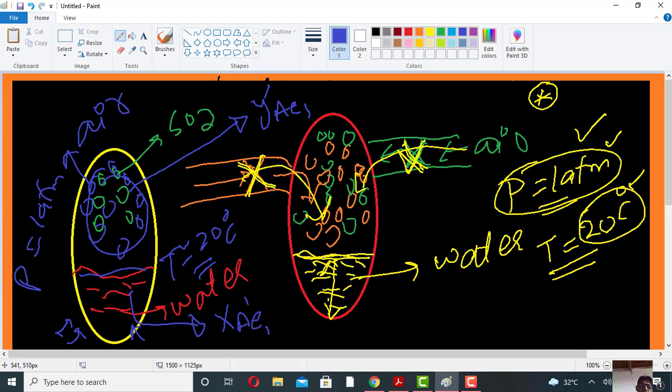That means the equilibrium concentration of sulfur dioxide during experiment number 1 at 20 degrees C. The dash shows us 20 degrees C for simplicity, and XAE1 dash shows the equilibrium concentration of sulfur dioxide in the water during experiment number 1 at 20 degrees centigrade.